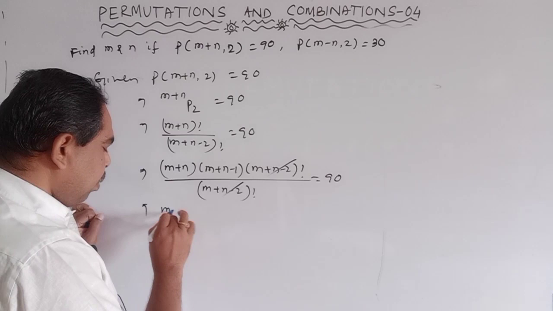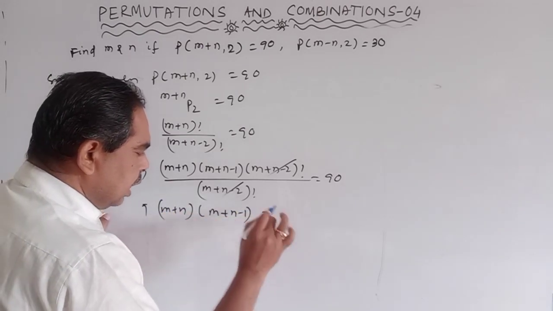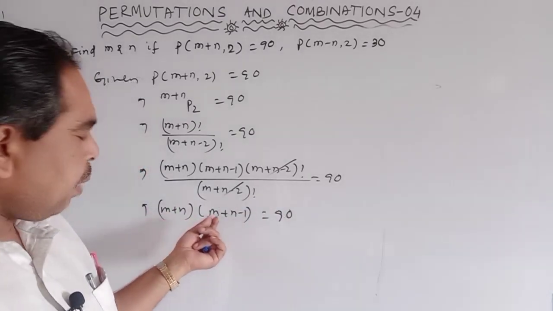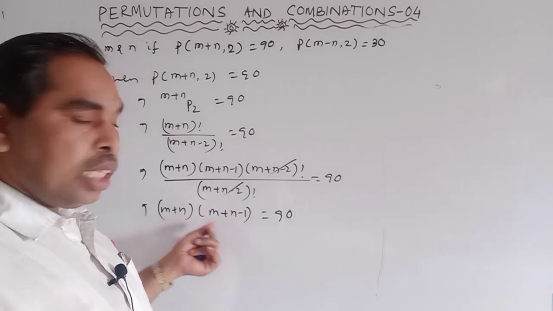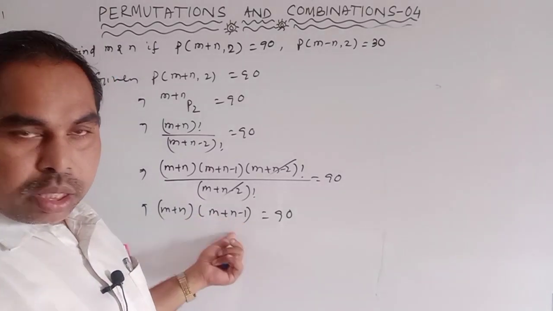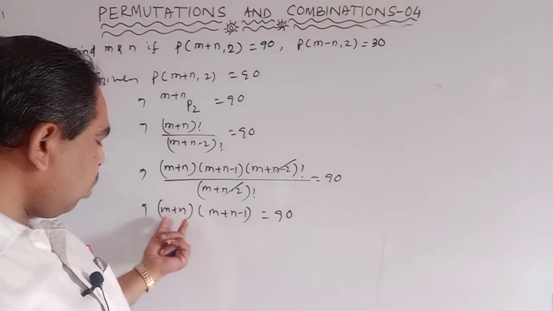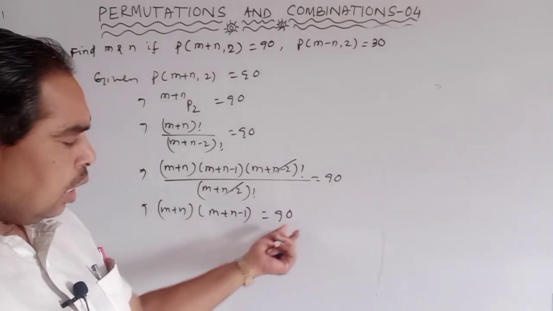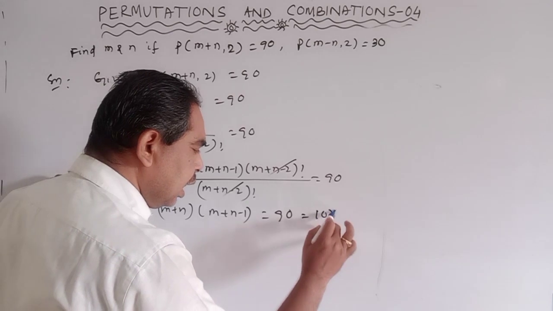This is m plus n into m plus n minus 1 is equal to 90. So m plus n and m plus n minus 1 are the product of two consecutive numbers. So express 90 as the product of two consecutive numbers. The first one is greater than the second one because m plus n is greater than m plus n minus 1. So 90 means 10 into 9.